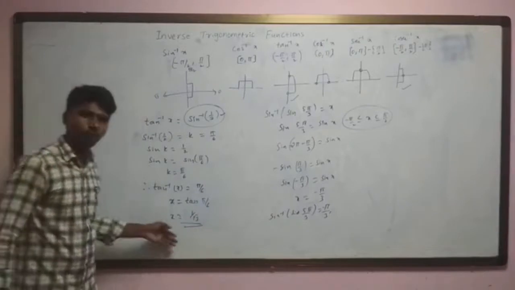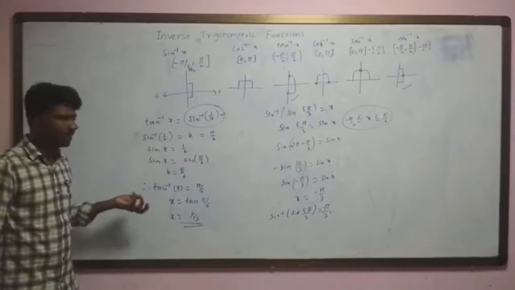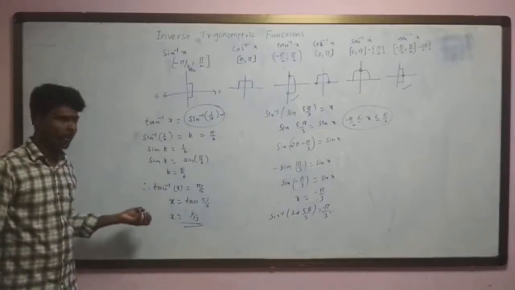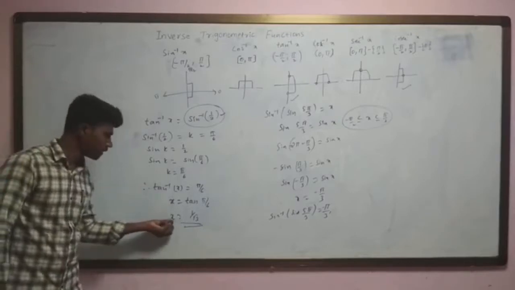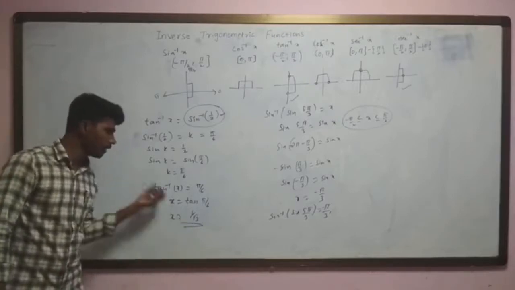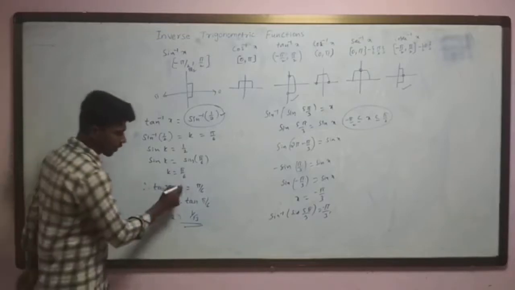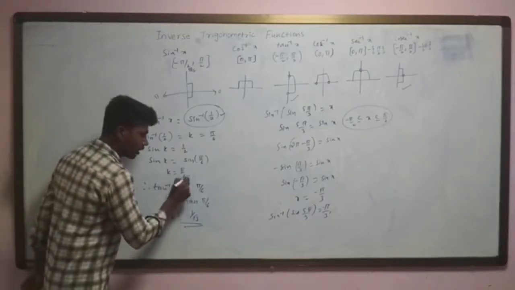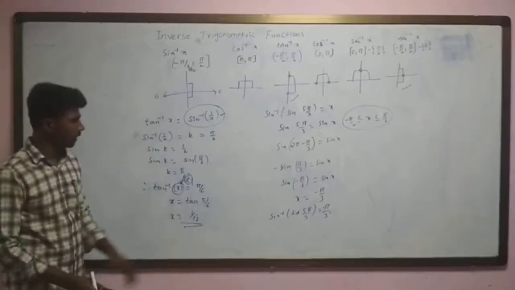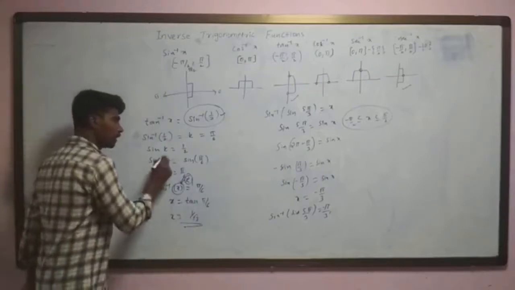In this way we can do many problems, and we should check whether this particular value lies in its domain. So what is the domain of x for tan inverse x? All real numbers. So we can get 1 by root 3.